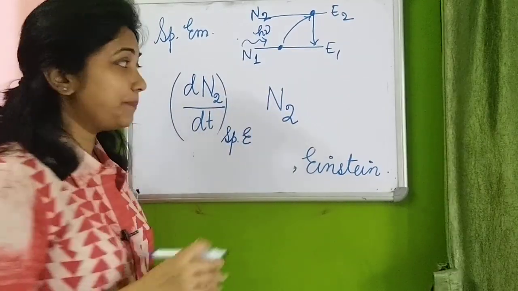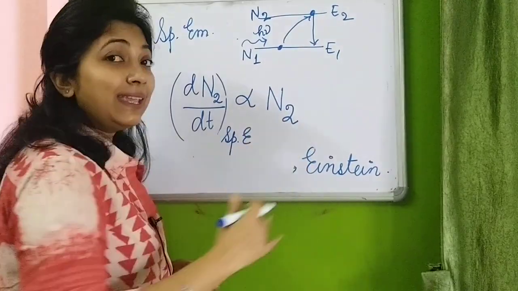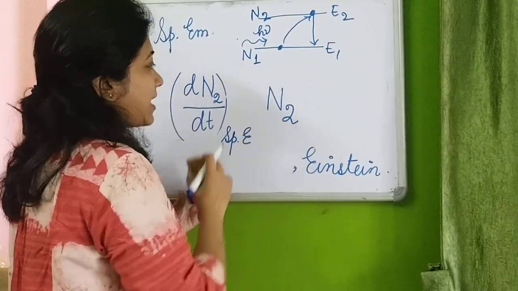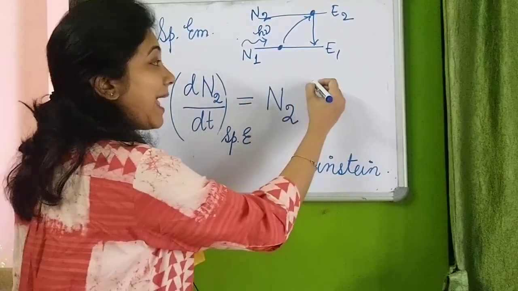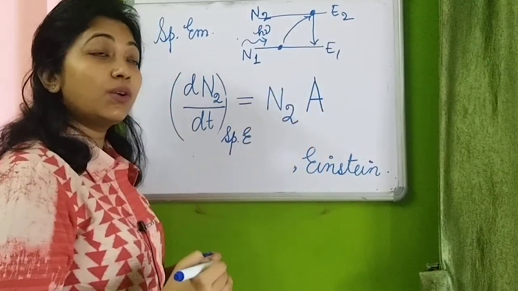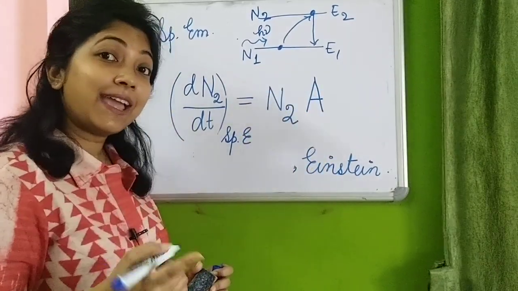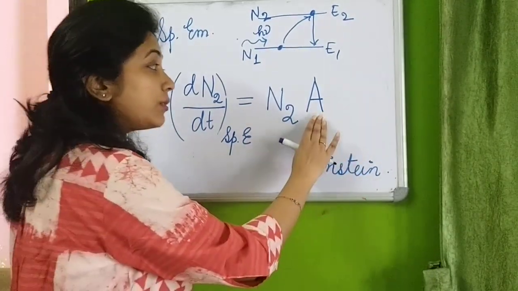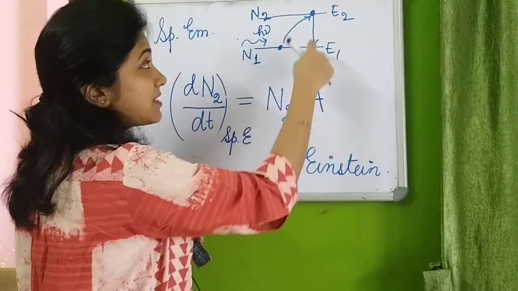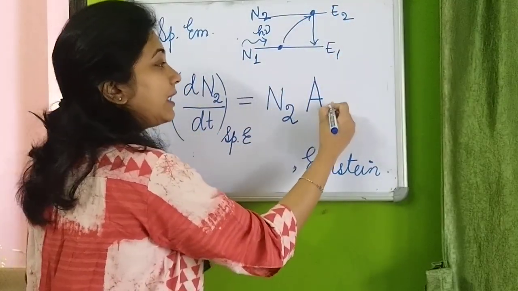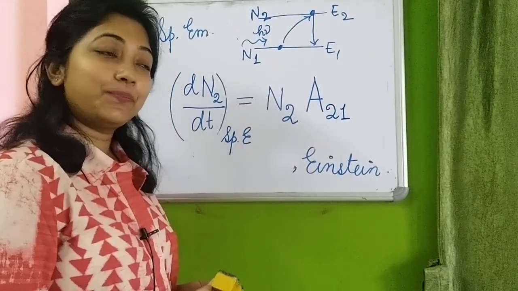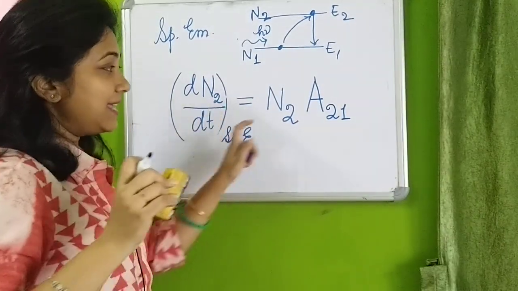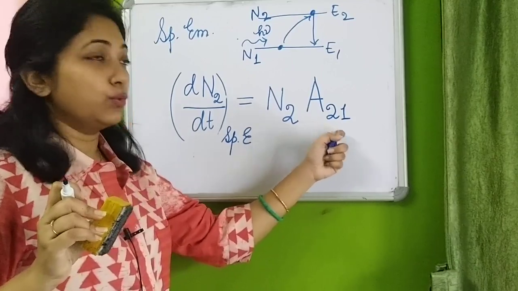And in this scenario, there was no requirement of any external stimulation, so there was no E nu. To remove this proportionality, he wrote an equal sign and introduced a new coefficient, which he named A. Reminding once again, because there is no external stimulation, we are not using the coefficient B, we are using a coefficient called A. And since this process is occurring from E2 to E1, he called this A21. So as per Einstein's theory, the rate equation of spontaneous emission is N2 into A21.